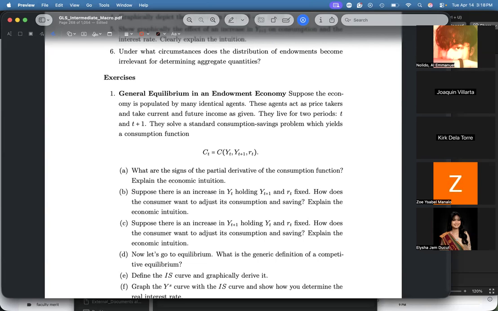Zoe? And that's the point of the paper, kaya siya tatlo.